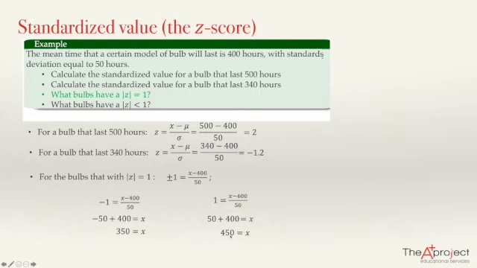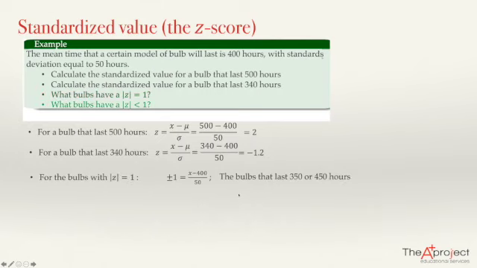X equal 450. Good. So that means that the balls that last 350 or 450 hours have an absolute value of z equal to 1.